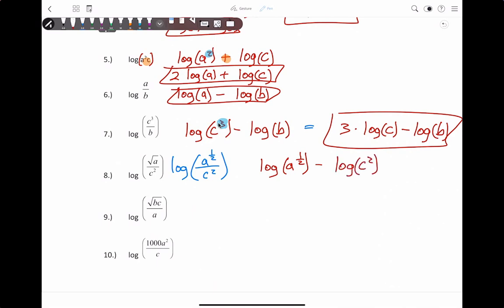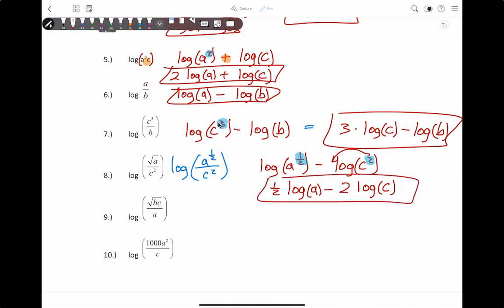And then the second step is move this out in front as a coefficient. So you have 1/2 times the log of a minus 2 times the log of c. Notice that we did that in this one as well, as bringing it in front of its term. It didn't come all the way over here. It just goes out in front of the term that it's the argument for. Okay? So this would be the most simplified answer.